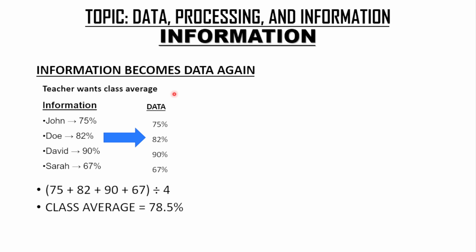The final result, 78.5%, now becomes new information from the data we have here. The data that was previously information has become data again, and we've used it to calculate the class average.